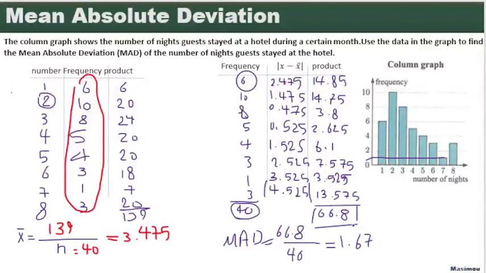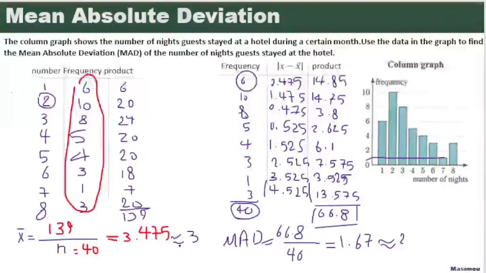That means if I round the mean, the average stay at the hotel is 3 nights.